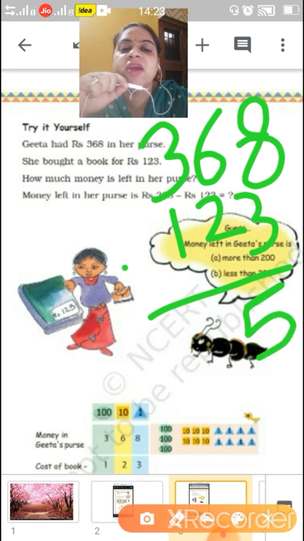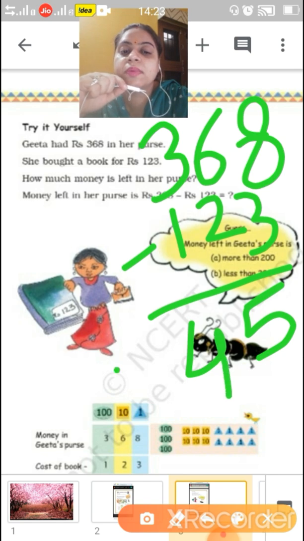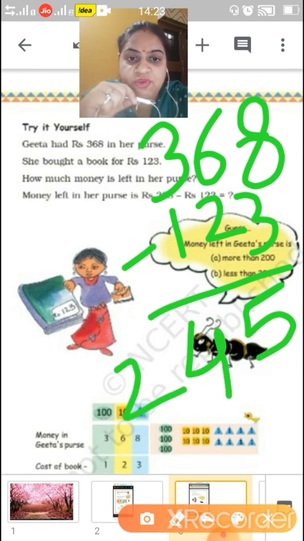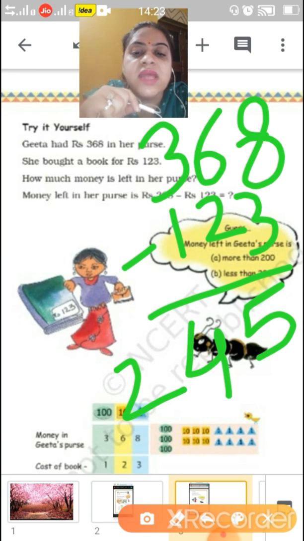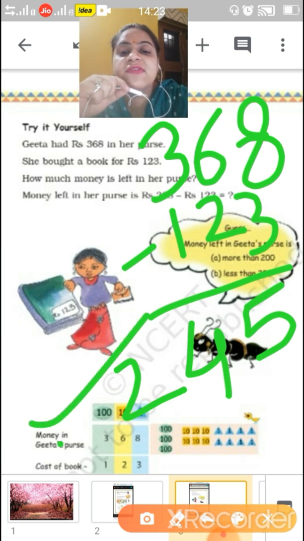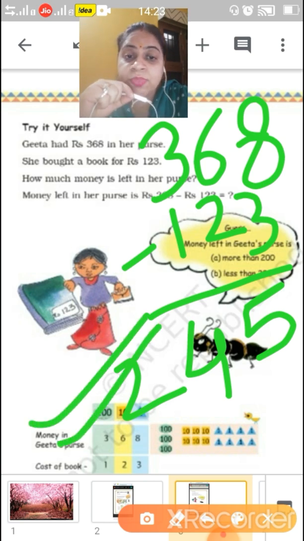When we subtract this, what will we get? 245. So 245 is remaining in her purse.